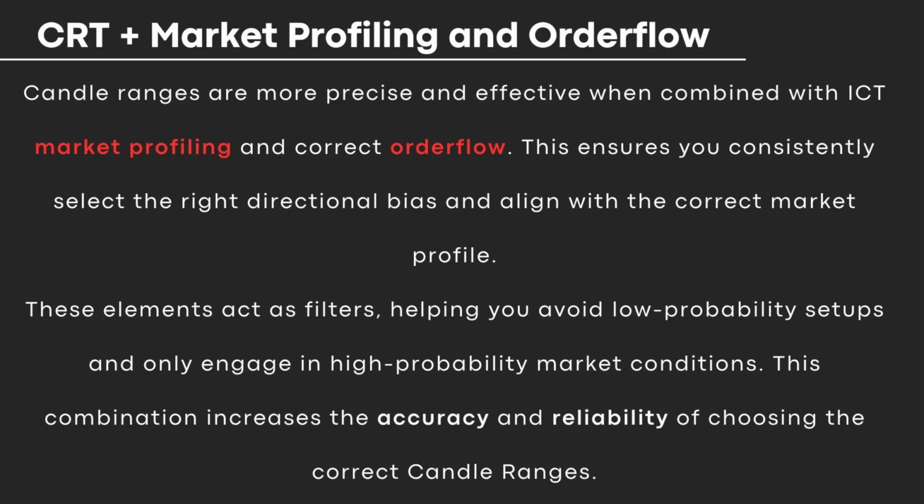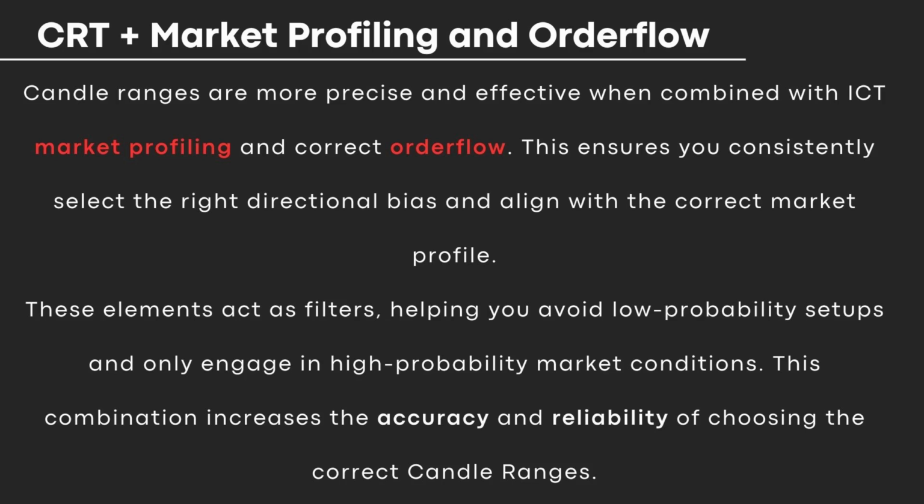Market profiles and order flow are not only used to determine drawn liquidity or engaged structure or to build narrative, but they can also be used as filters, meaning they'll help you filter out different market conditions and weed out the low probability conditions and scenarios.